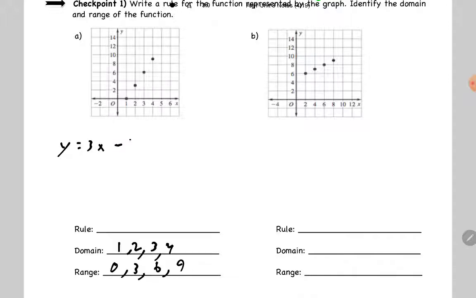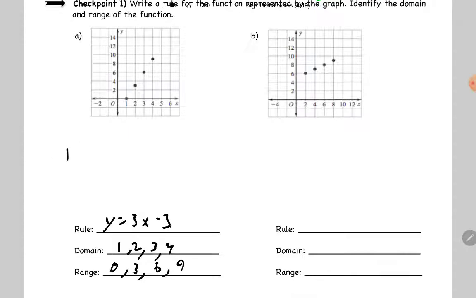But if I put in minus 3, that would work. y equals 3x minus 3. Because if I plug in 1, 3 times 1 is 3, minus 3 is 0. If I plug in 2, 3 times 2 is 6, minus 3 is 3.